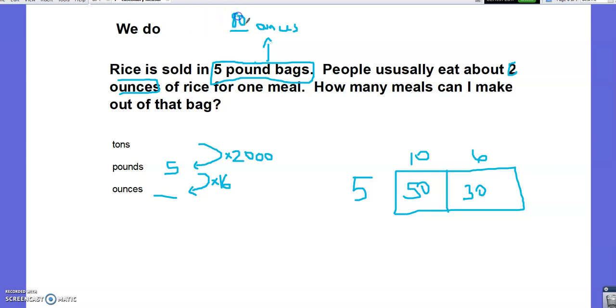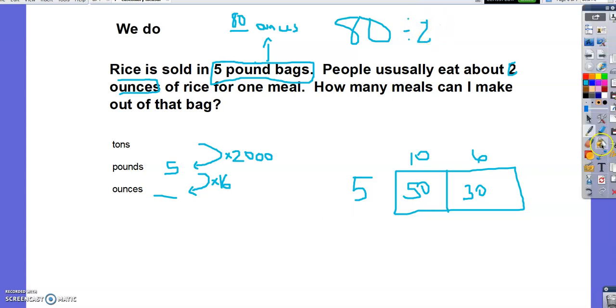Actually, now this problem is not all that hard to do. Once I switch from pounds to ounces there, if I just read the problem like this, rice is sold in 80-ounce bags. People usually eat about 2 ounces of rice for one meal. So now I just say, oh, well, I've got 80 ounces, and I'm dividing that into 2-ounce servings. So 80 divided by 2, that's something I'm able to do in my head.